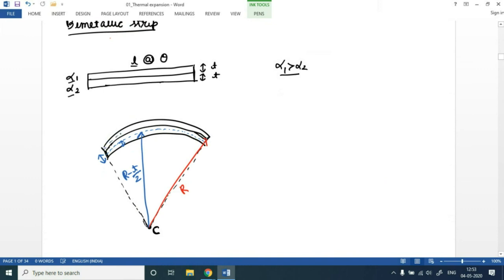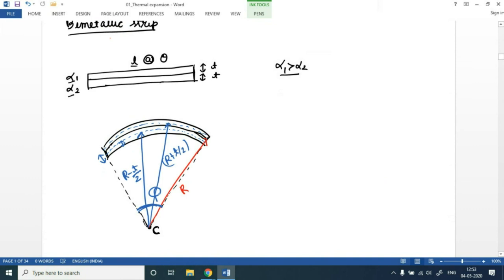And if we take the mean position of the outer rod, this is going to be R plus t by 2 over here, and let's say it subtends an angle phi at the center.